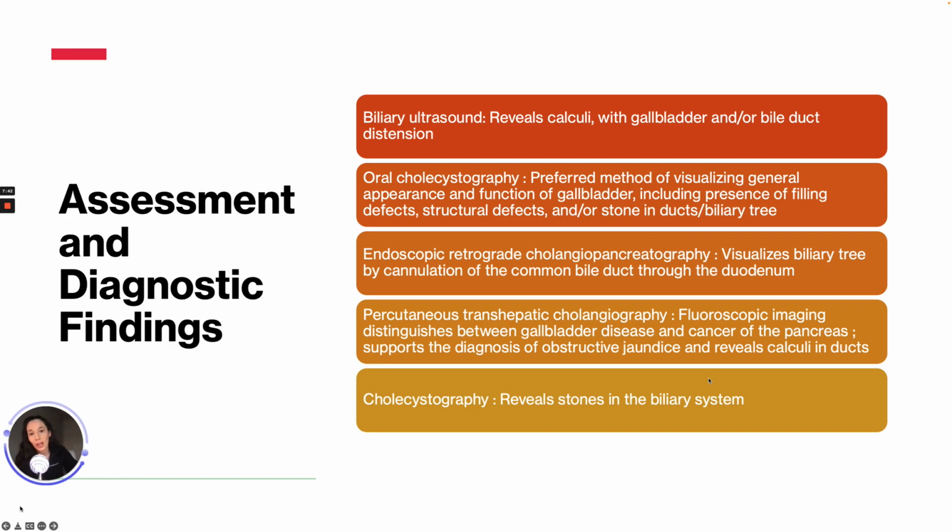We can use a percutaneous transhepatic cholangiogram, or PTC, which is a fluorescent imaging that distinguishes between gallbladder disease and cancer of the pancreas when jaundice is present. And cholecystography for chronic cholecystitis reveals stones in the biliary tree, but it is contraindicated in acute cholecystitis because the patient is too ill to take the dye by mouth.